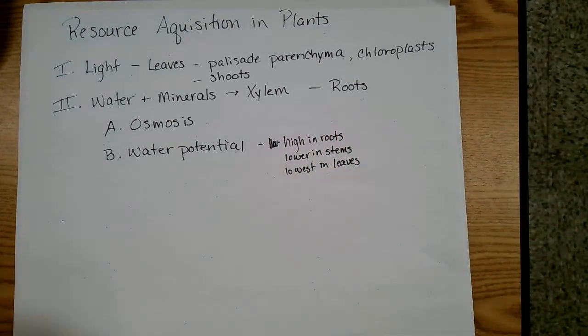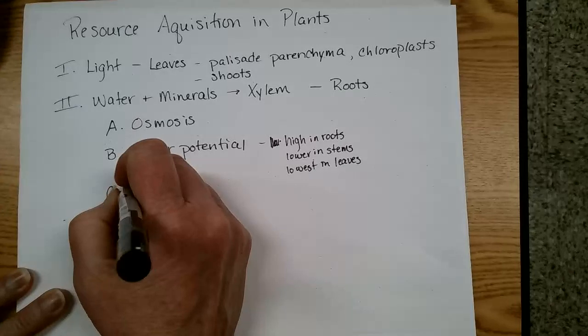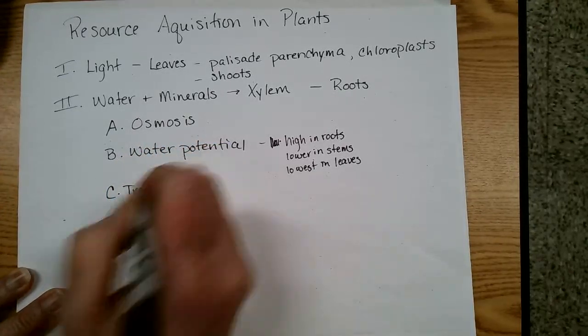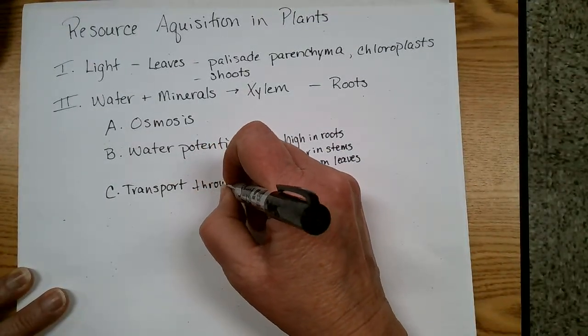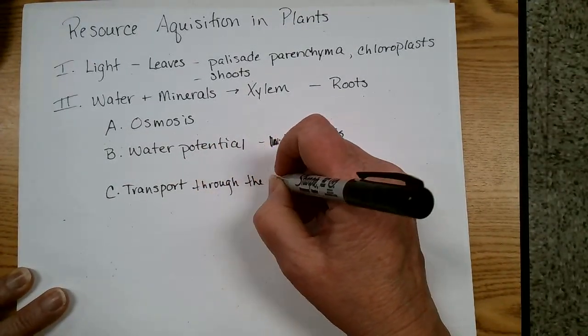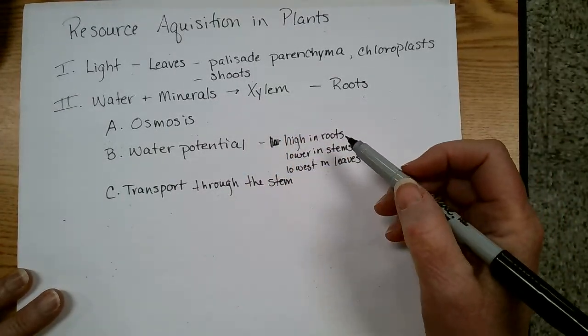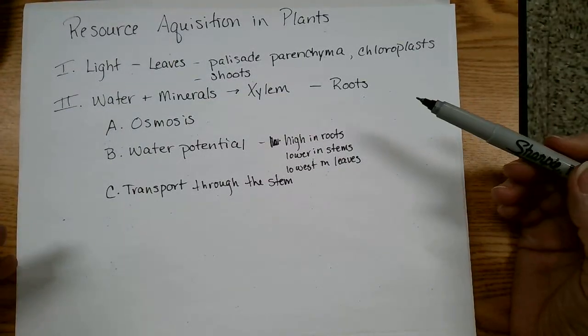This kind of sets up what we call transport through the stem. I don't know why I broke this into three things, but this transport through the stem is set up by that water potential being very high at the roots and then traveling upwards.